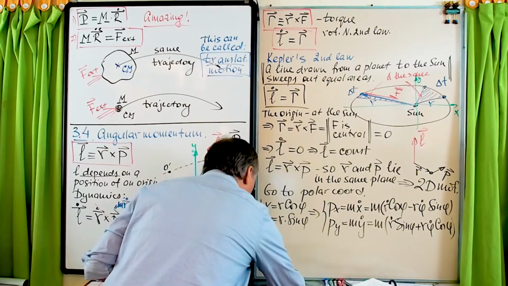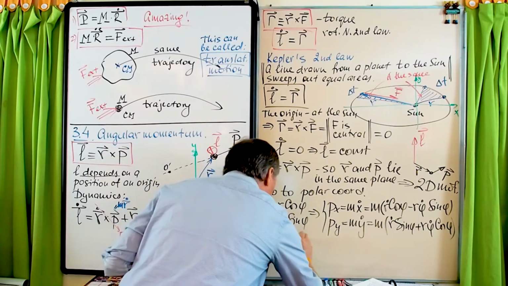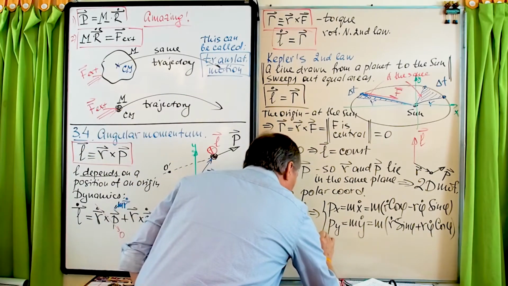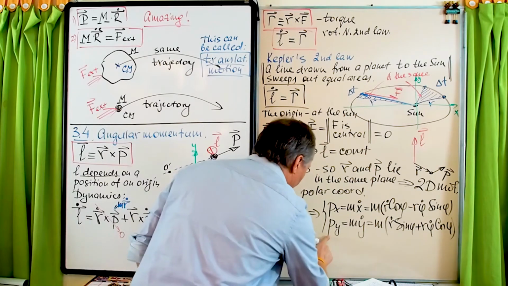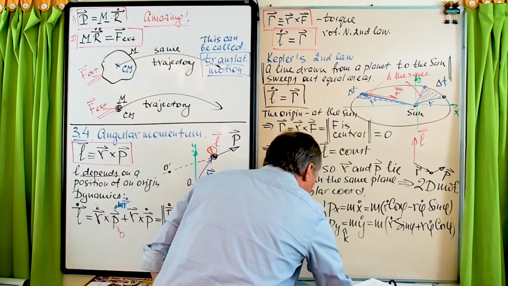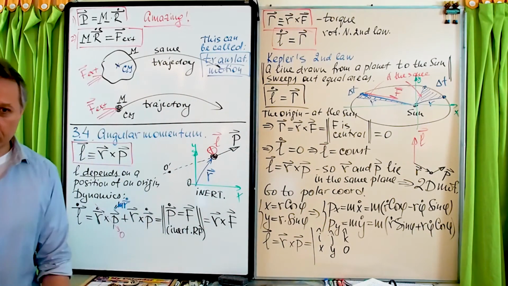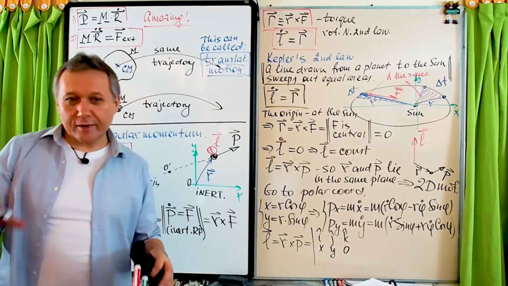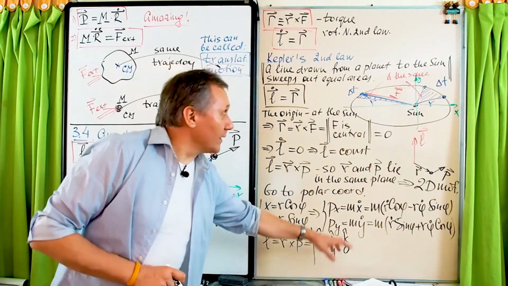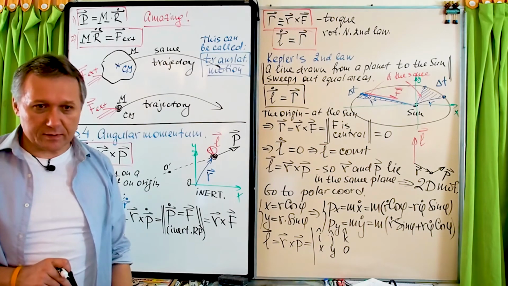Right, so of course now you can write L as R cross P. You can write a determinant with the unit vectors i hat, j hat, k hat, then x, y, and 0, because we have two-dimensional motion, and I oriented the coordinate system so that the motion happens in the xy plane. So nothing happens in the z direction.